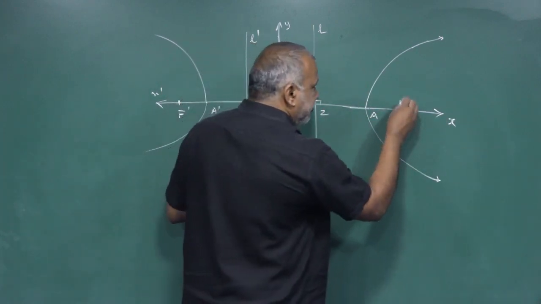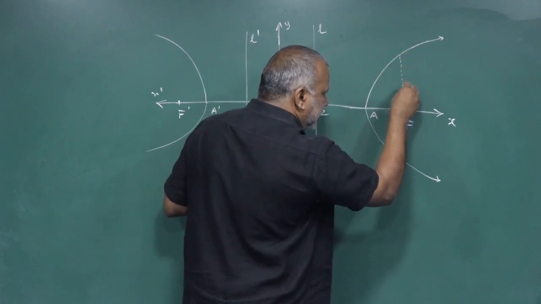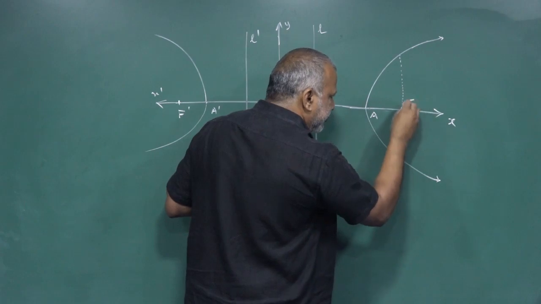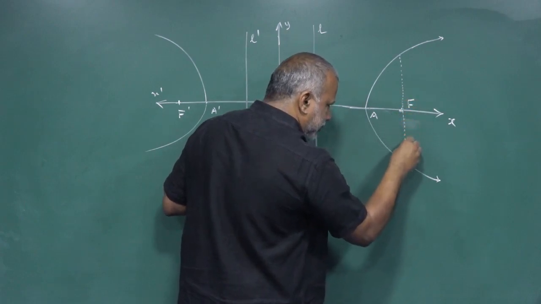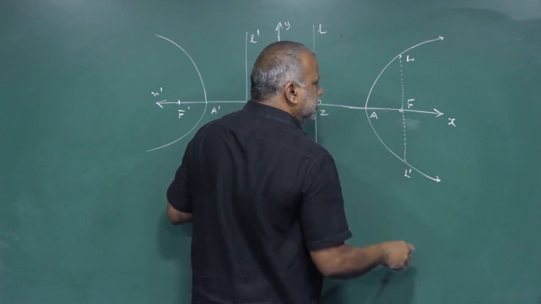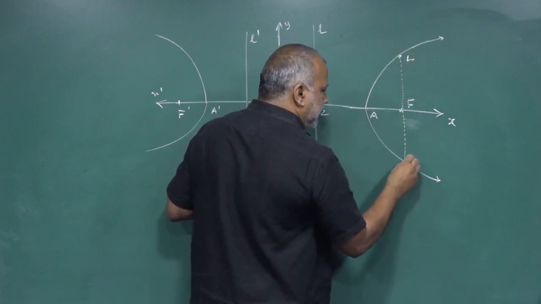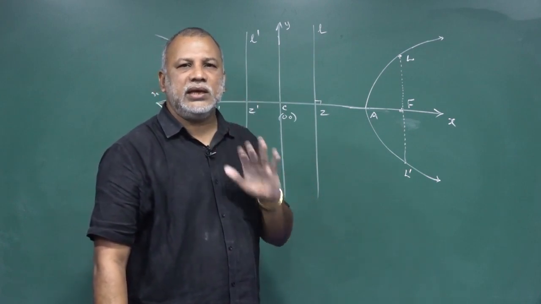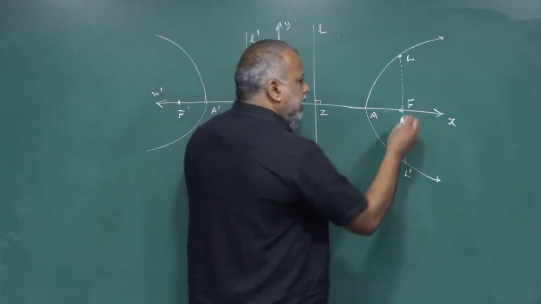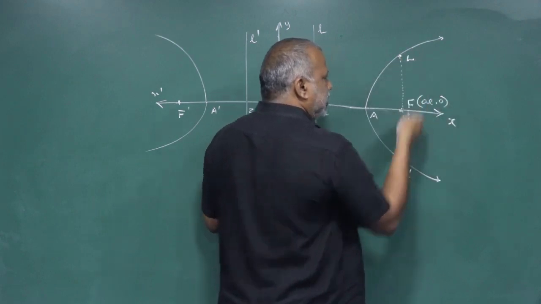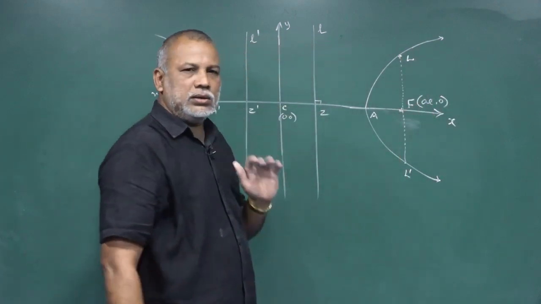So this is F. I am taking a chord here, this chord passing through the focus F. This is called L and L dash. This LL dash is called the length of the latus rectum. So already we know the meaning of focal chord: the chord passing through the focus is called a focal chord.